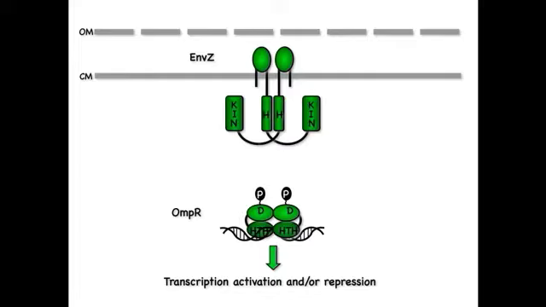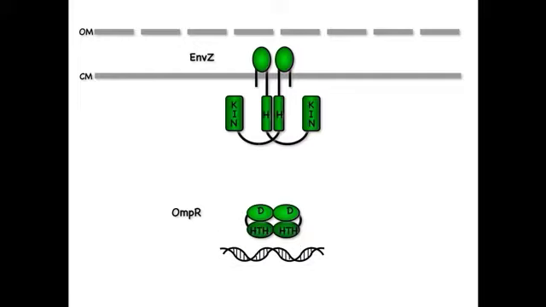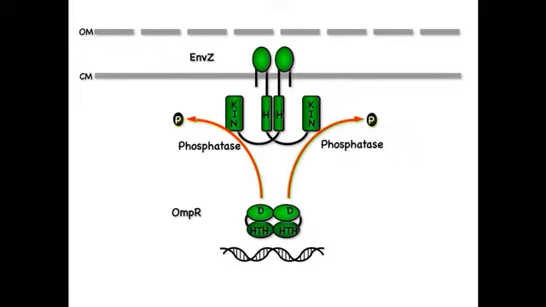Many two-component systems, not all, but many, have a second enzymatic activity that doesn't get very much press. It's a phosphatase activity. So many times, the histidine kinase, in the absence of a signal, is not turning on its kinase activity so much as it's turning on the alternate activity of phosphatase.